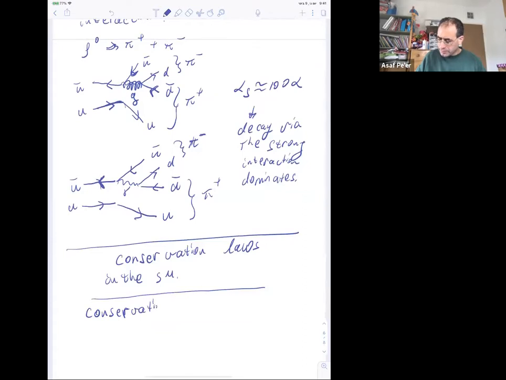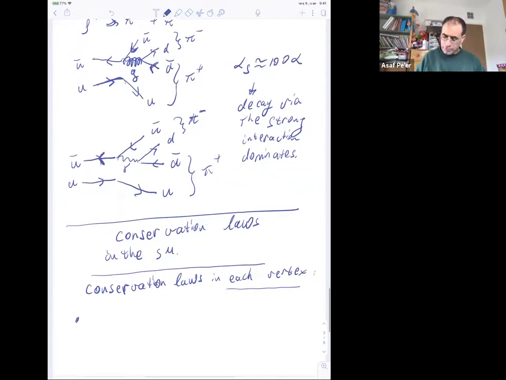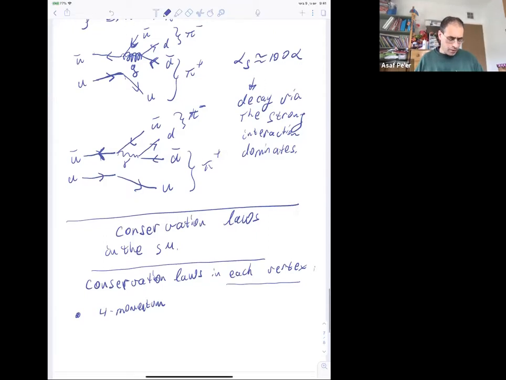Conservation laws in each vertex. So a few things which are nearly trivial. The first is four-momentum. It has to be conserved.